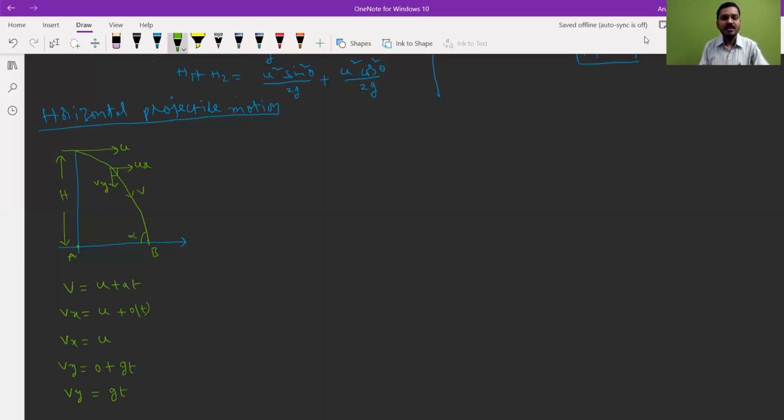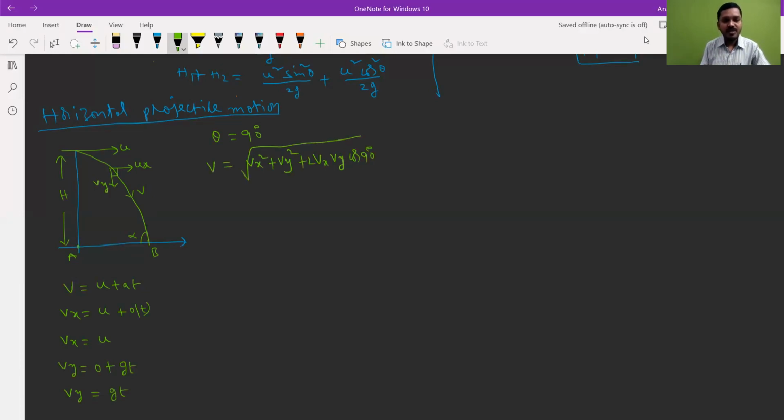Next, the resultant velocity of these two. We know the angle between the velocity along the x direction and the velocity along the y direction is equal to 90, so I am taking theta is equal to 90 degrees. From the resultant magnitude equation of the parallelogram law, the resultant velocity v is equal to the square root of vx square plus vy square plus 2 vx vy cos theta, but theta here is 90 degrees.